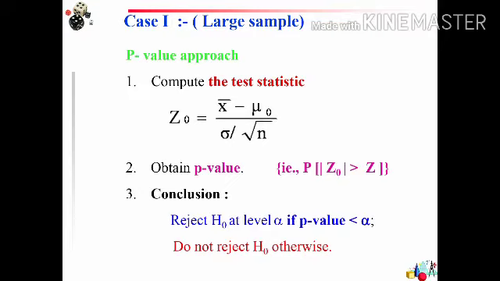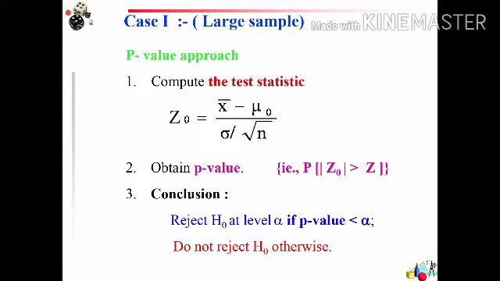Case 1, for large samples, that is the Z-test. Here we are taking the decision based on the p-value approach. First of all we find the test statistic, Z naught equal to x bar minus mu naught divided by sigma by root n. This is the Z test statistic.